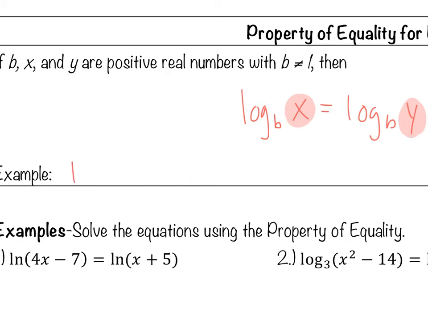For example, if I had log base 2 of x equal to log base 2 of 7, since both of them have the same base, I would just set whatever they're logging equal to each other. So this would be x equals 7. So it works with logs. It also works with natural logs too. As long as they have the same base, then you can apply the property of equality.